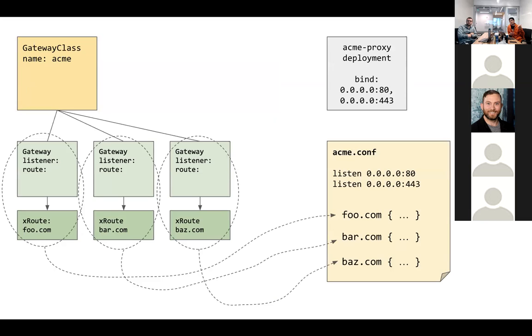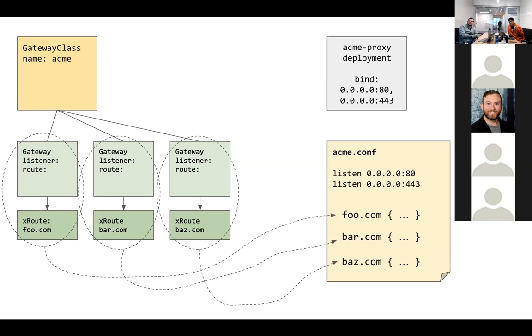The user wants to, again, create foo.com, bar.com, and baz.com, and then these gateways will map into, in this case, a proxy deployment, or something similar. I have Acme here, but really this is how a lot of systems like Nginx and HAProxy work. They combine all the ingresses together, and then they form a configuration.